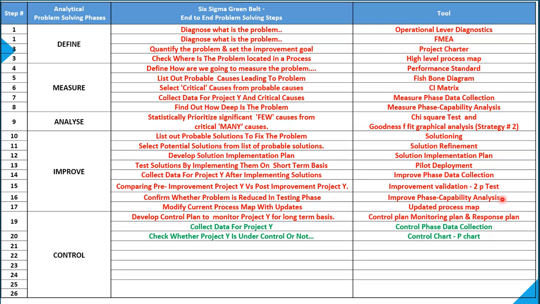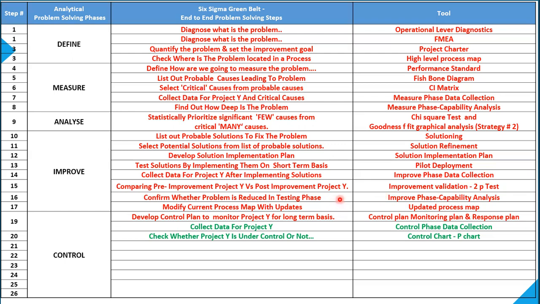So we carried out capability analysis in the measure phase. Likewise, we're also going to carry out the capability analysis for improve phase data. And that will help us confirm that yes, performance of Y has improved because sigma value has also improved. So that's the confirmation of improvement.